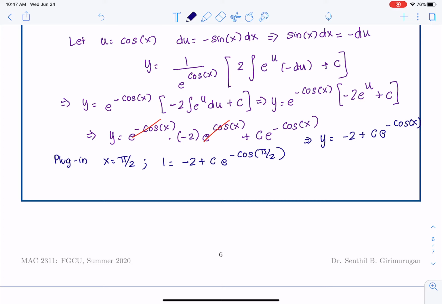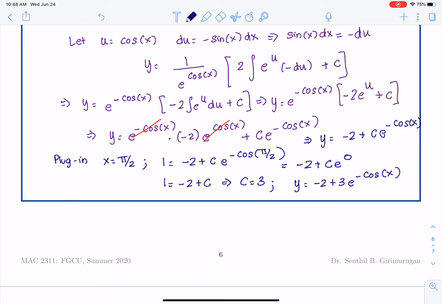And negative cosine pi over 2 is 0, so negative 2 plus c e raised 0. E raised 0 is 1, so 1 would equal negative 2 plus c, which would imply c is 3. Therefore, the solution here is y equals negative 2 plus 3 e raised negative cosine x.